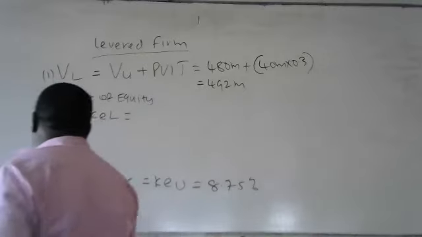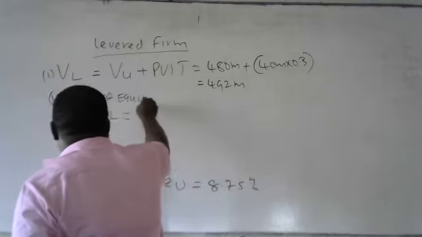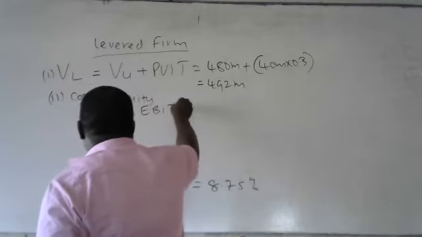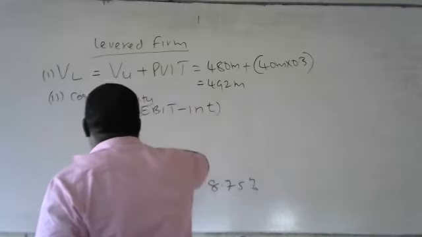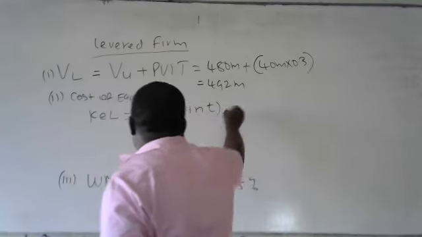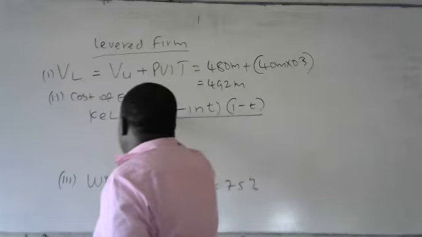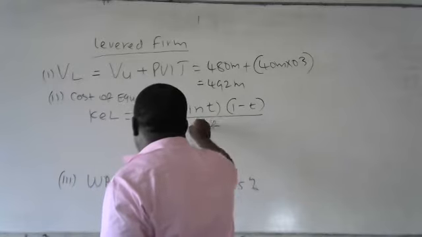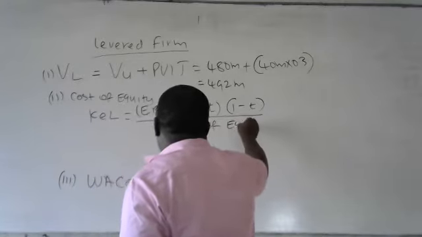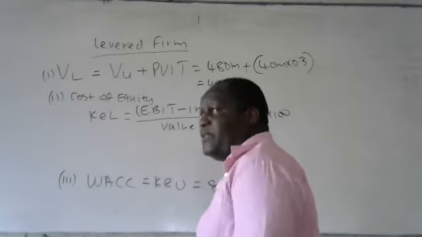KEL is supposed to be given by earnings before interest and tax, you subtract interest, then times 1 minus the tax rate. Then we divide by value of equity. Then we show it as a percentage.